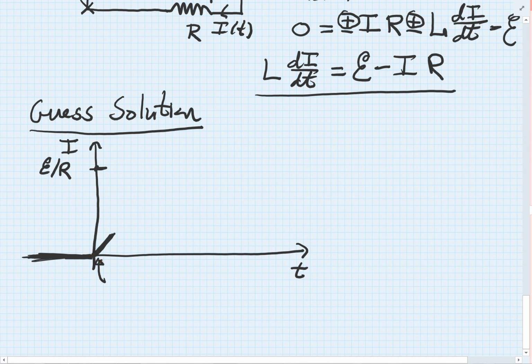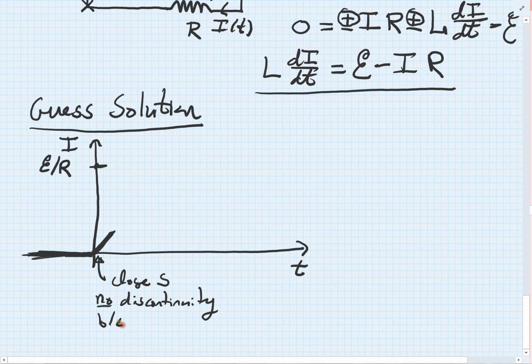That's a very important lesson: when we close S, when we first do that, there can be no discontinuity, because di/dt, that time derivative in our equation, has to be finite. That's interesting. That's good to know.